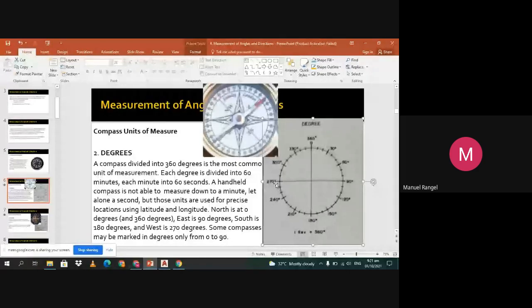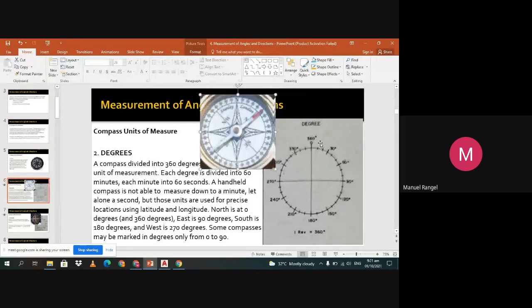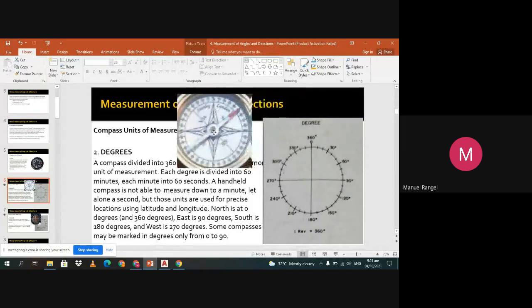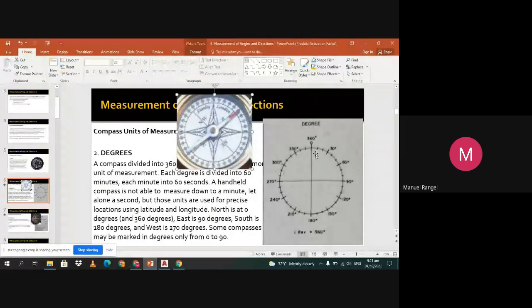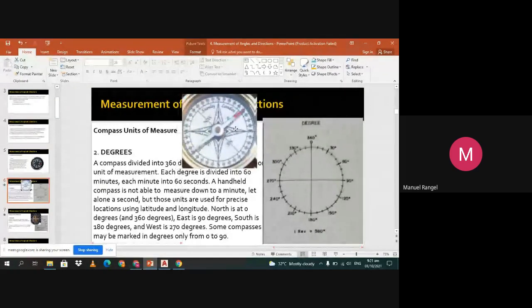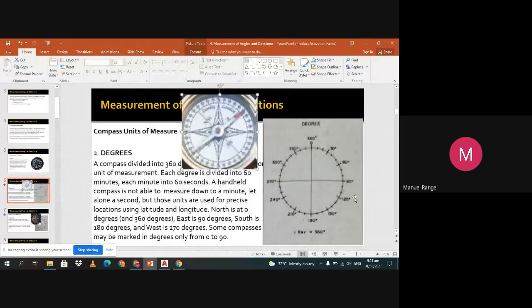So some compasses may be marked in degrees only from 0 to 90 degrees. Make sure to familiarize yourself with these degree units of measurement because most of the time this is what we will use in surveying.